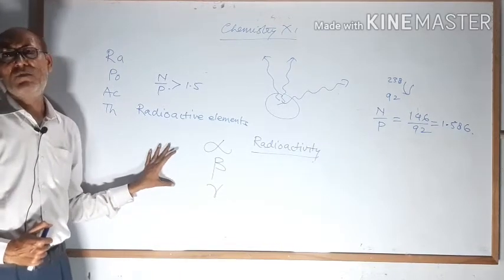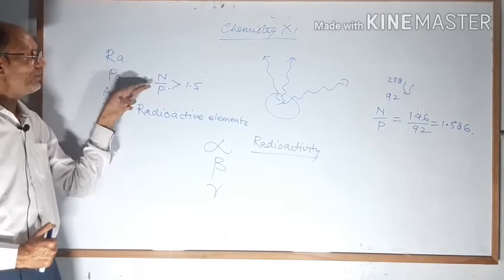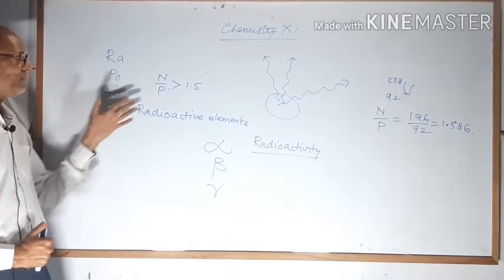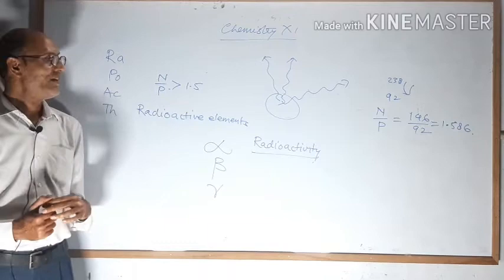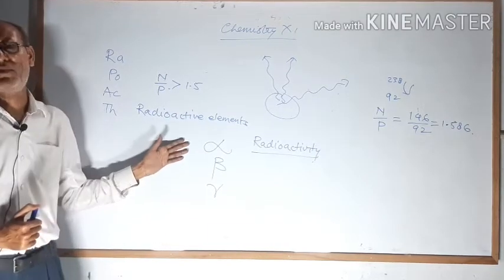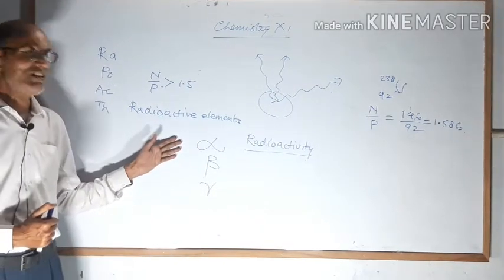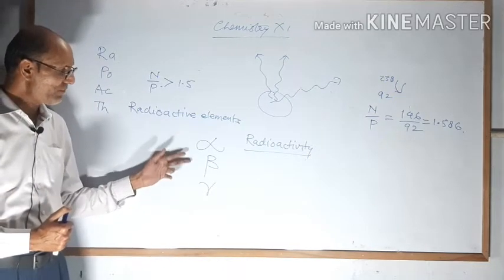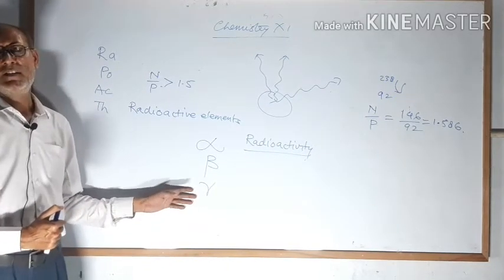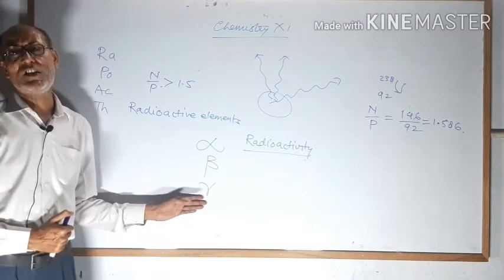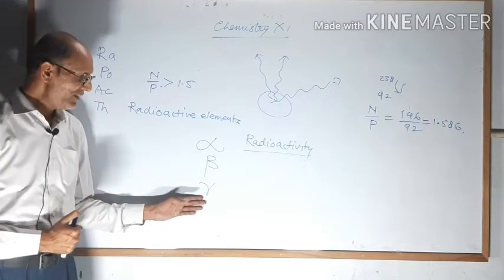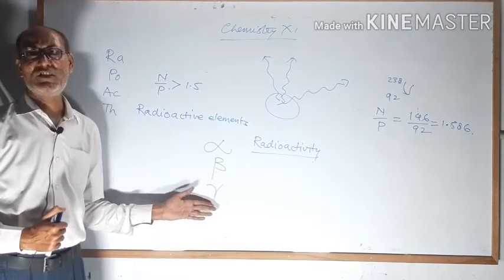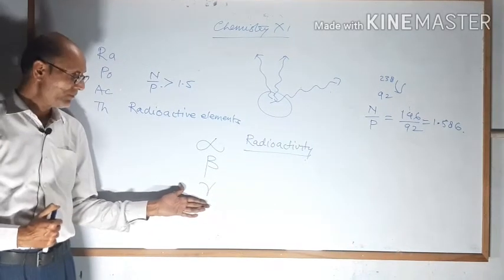The ratio of neutron to proton in these elements will be more than 1.5. What type of radiation occurs? Three types of radiation are emitted from radioactive elements: alpha, beta and gamma. Among these three, gamma radiation is the most harmful and causes dangerous diseases which cannot be cured.